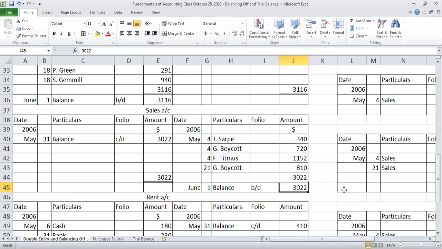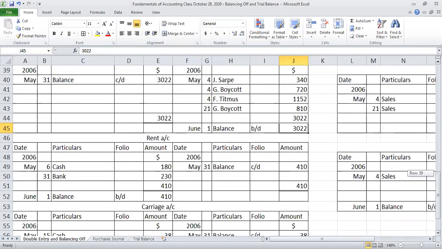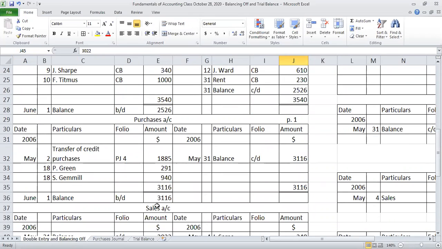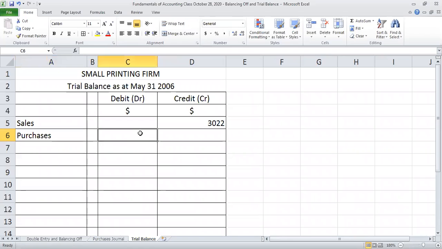Check the purchases account. The purchase account has a debit balance of 3,116. So we're going to place this 3,116 under the what? Debit side in the trial balance.